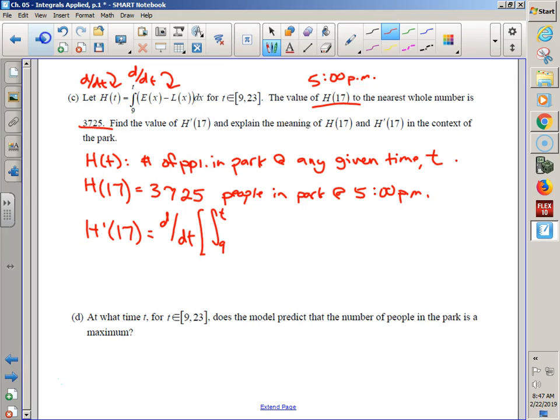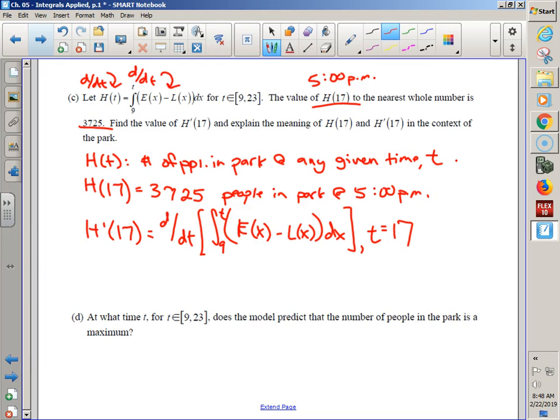Is this the Fundamental Theorem of Calculus part 2? And if h is the number of people in the park, isn't h prime the rate at which the people in the park are changing? If it's positive, then the people in the park are increasing at that time. If it's negative, the people in the park are decreasing at that time.